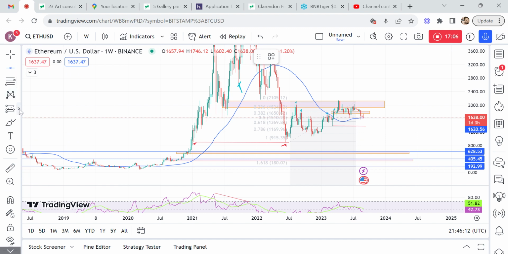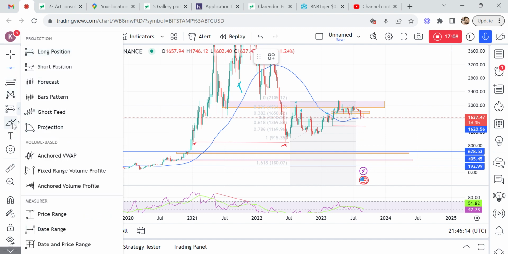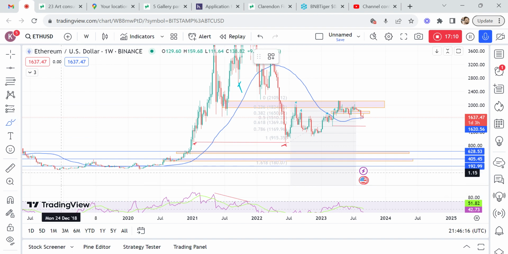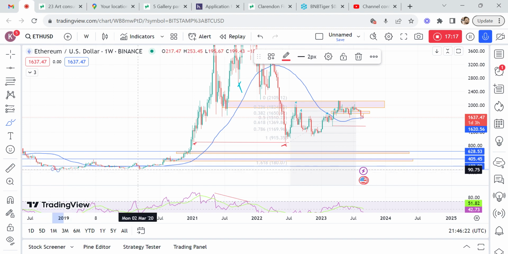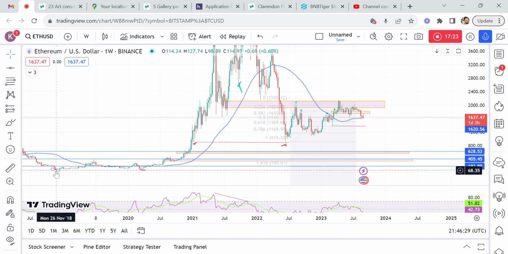Let me use our brush tool. Okay. This level, right, and this level. Let me delete it. Yeah, let me use the brush tool again.